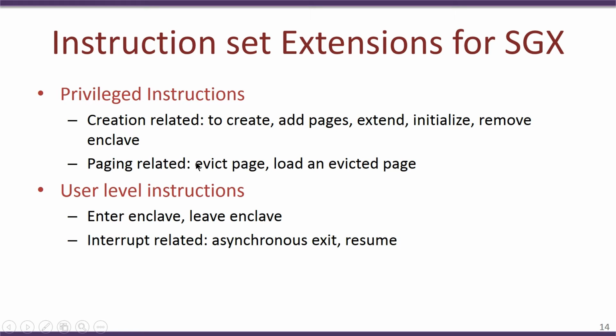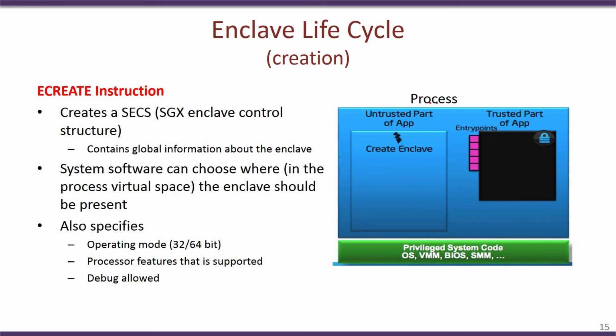The user level instructions, on the other hand, are mostly just two or three of them. One instruction will permit you to enter the enclave, another will permit you to leave the enclave, and a third, known as resume, would permit an application running in user mode to resume after an interrupt or an exception has occurred. So, let us look at an overview of these various instructions.